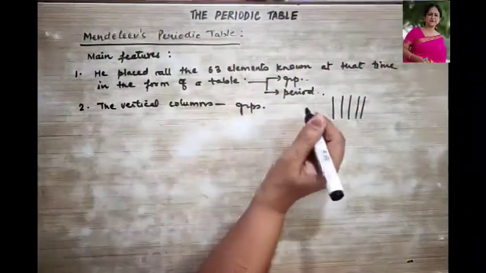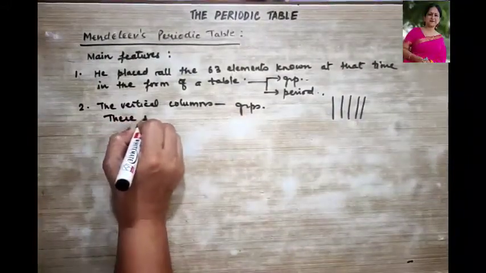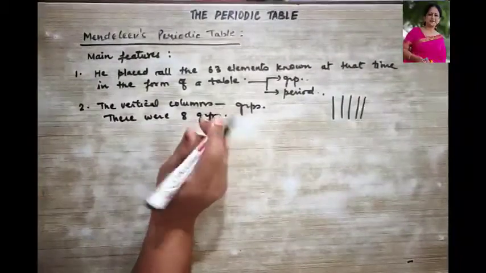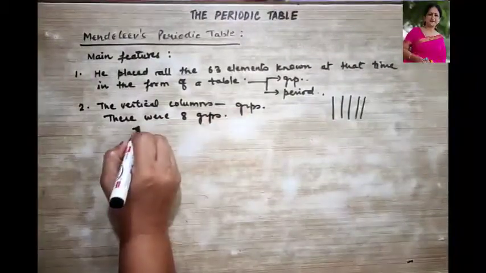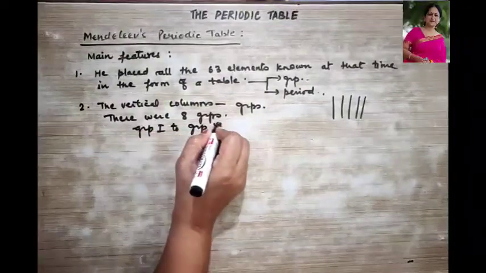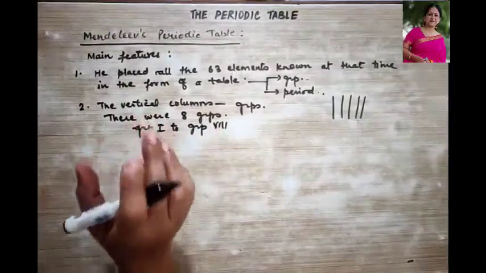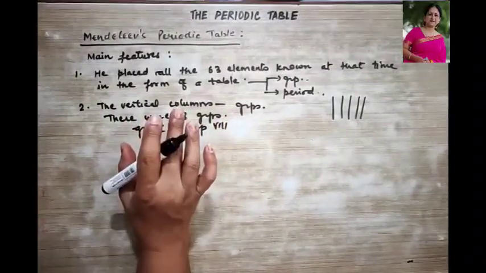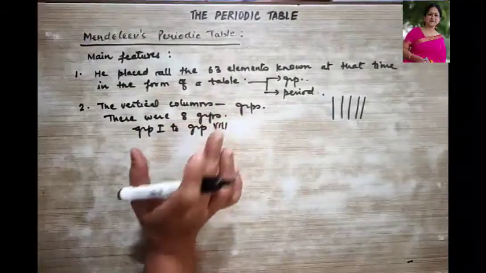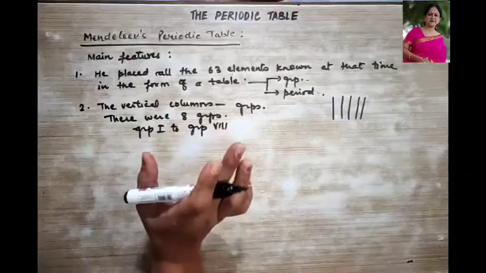And there were 8 groups that he had made, that is group 1 to group 8. Clear? Then groups 1 to 7 were subdivided into subgroups A and B, and group 8 had 3 different parts.